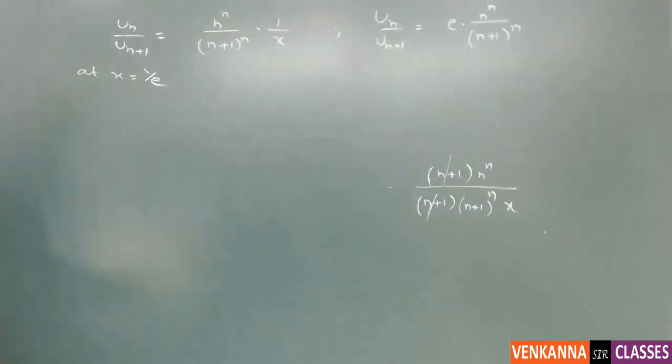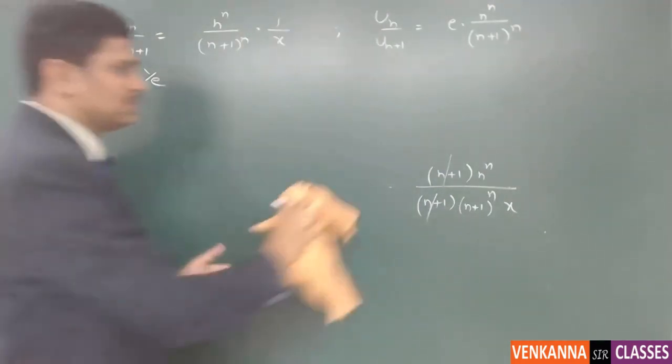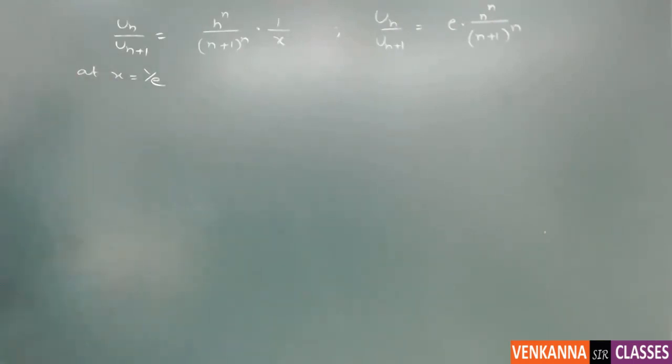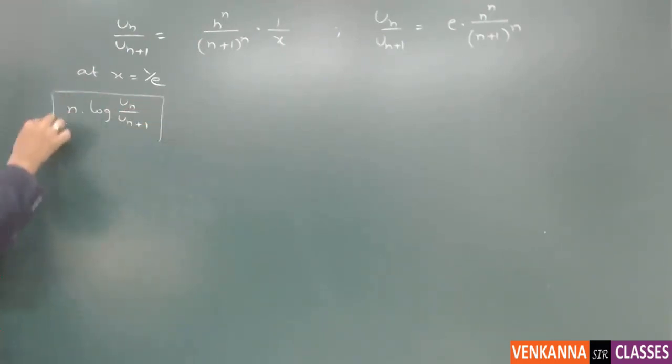Now if you apply the condition of the logarithmic test, the test condition is given by n into log of un by un plus 1. For this, you are applying the limit. So we need to modify the term which is obtained there, so that application of the limit will be very convenient. So how are we going to write this?